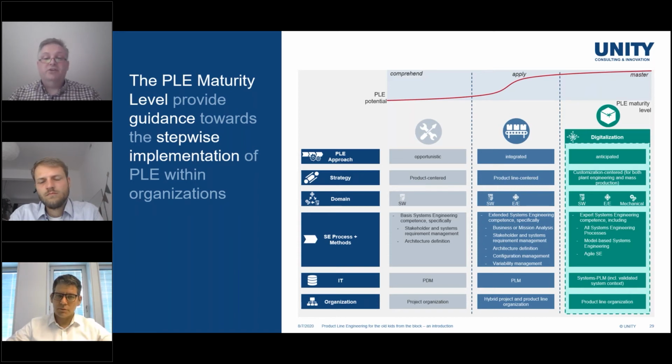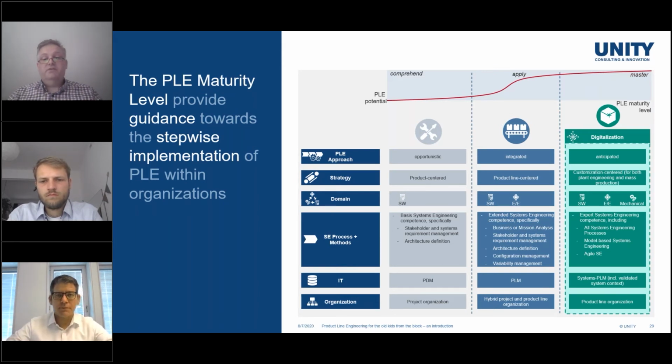So here, the processes of mission analysis, stakeholder requirements, and architecture definition are again valid, and you have to have at least very good configuration management to have good control of the variability and a good overview and traceability.